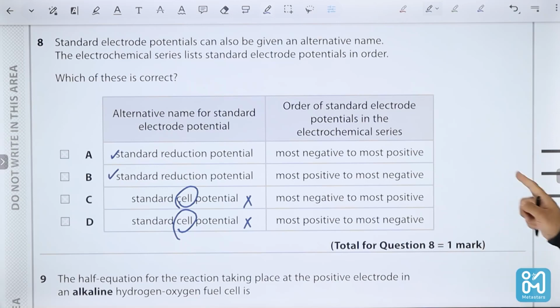Order of standard electrode potentials in the electrochemical series, most negative to most positive. It is the most positive to the most negative.